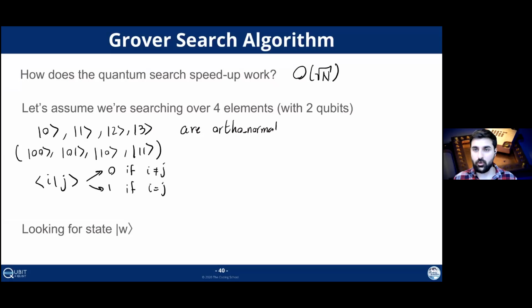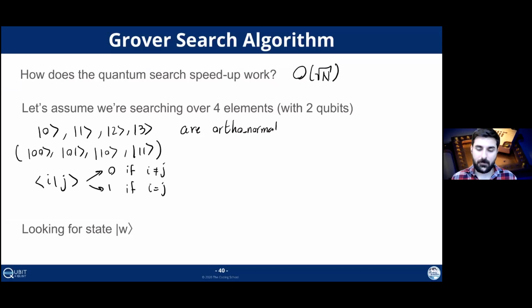In other words, the norm of each of these states is 1, meaning the overlap of each state with itself is 1, and the overlap of the state with any of the other states is 0. So that is the assumption that we're making. And again, we've seen this for the 2-qubit case.